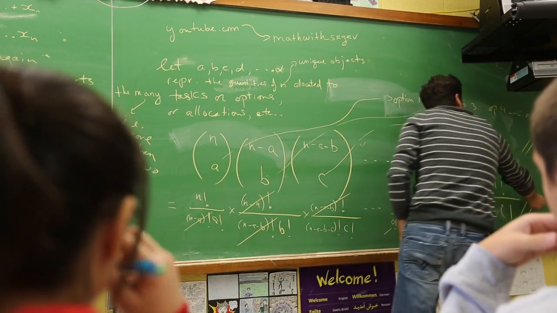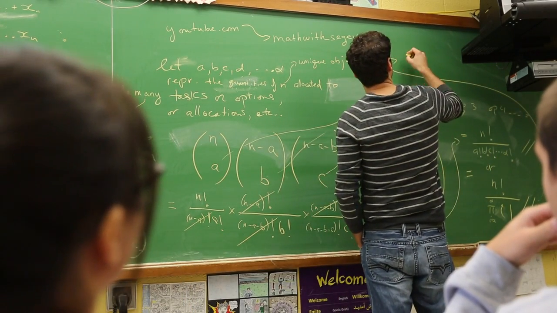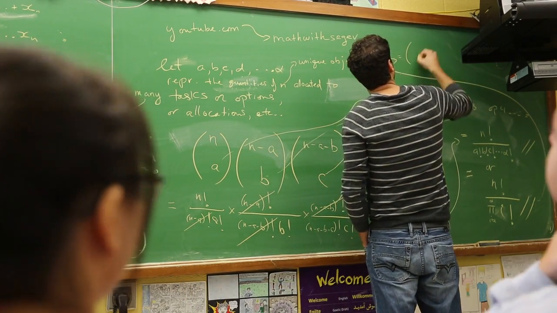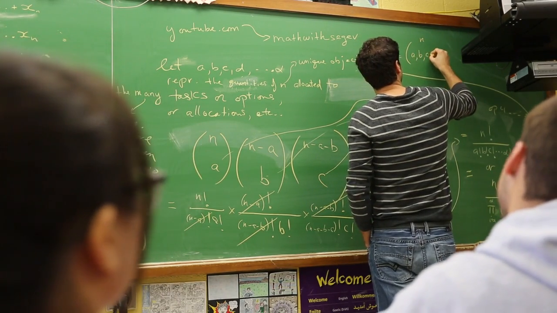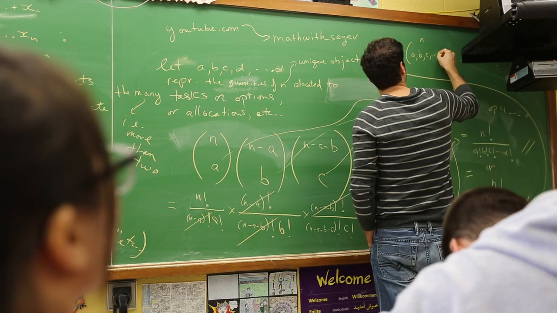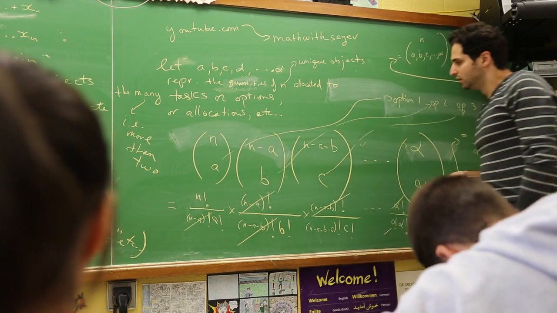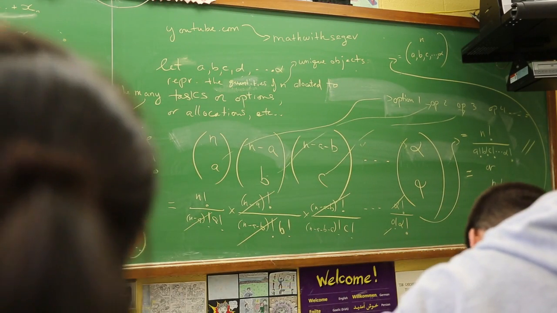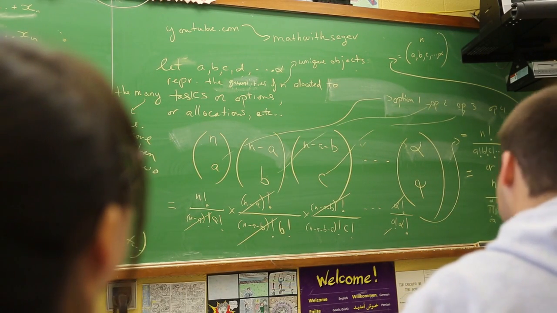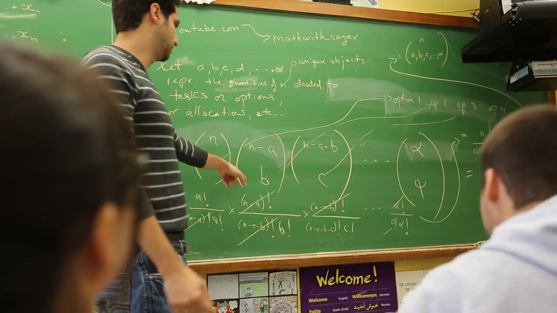Another way people write it sometimes is like this. You'll see n, a, comma, b, comma, c, comma, dot, dot, dot, let's say comma alpha. Meaning, n choose a times n choose b, times n minus a choose b, and so on and so forth.